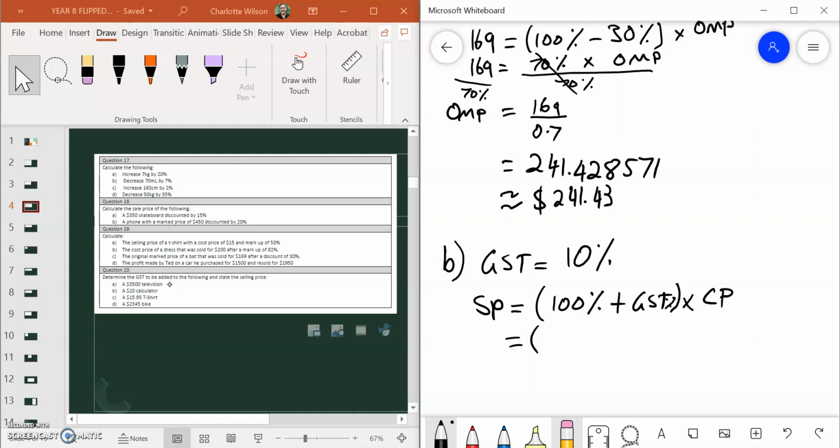So here we're going to have 100% plus 10% times by 20. So we need to find what is 1.1 times 20, which will tell us that our sale price of our calculator is $22. So the GST to be added is $2 and our selling price is $22.